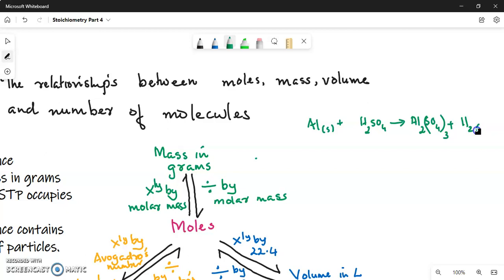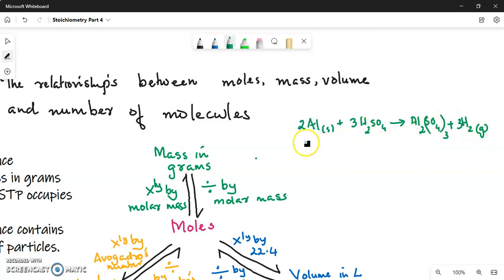If we balance this equation, we get 2 aluminium solid reacts with 3 sulfuric acid to give 1 Al2(SO4)3 and 3 H2.